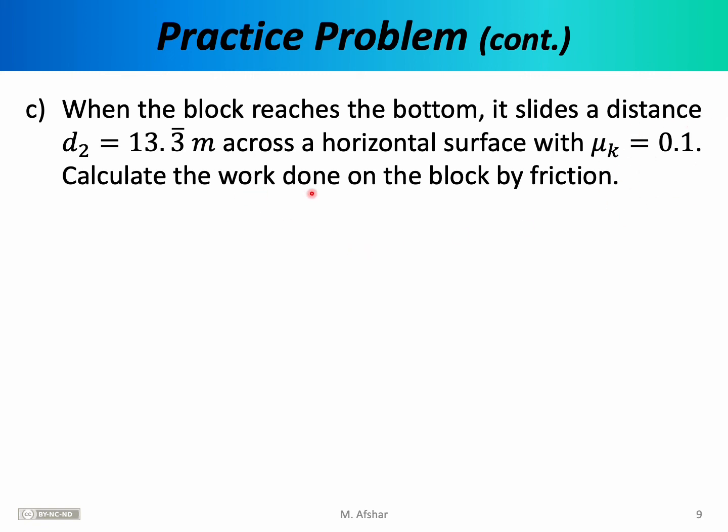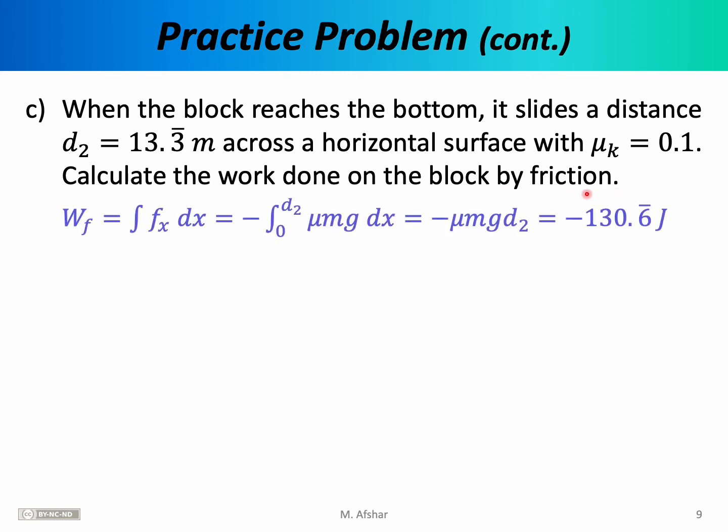Here we want to calculate the work done by friction. Remember that work is the integral of force and distance. Here everything is moving in the x direction, so we can just replace distance with dx. And of course we need to know what the x component of the force of friction is.